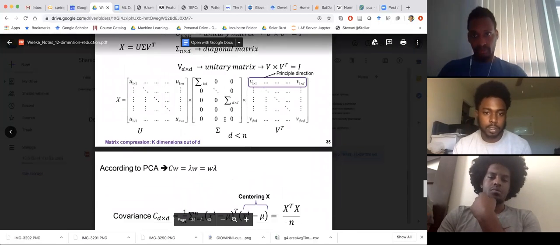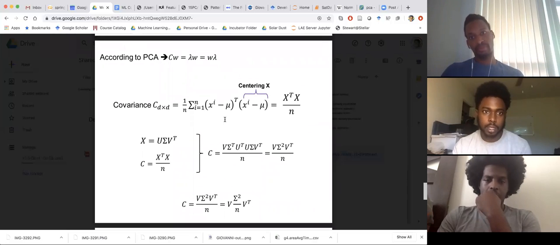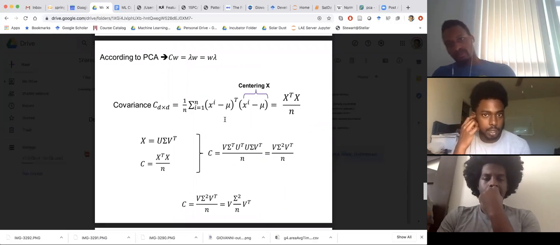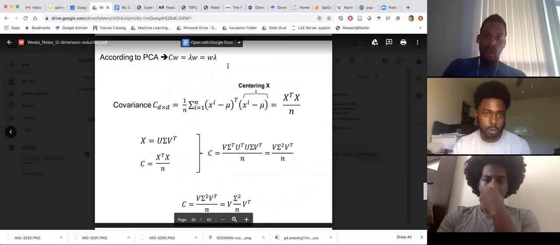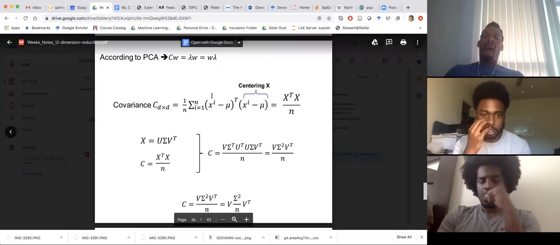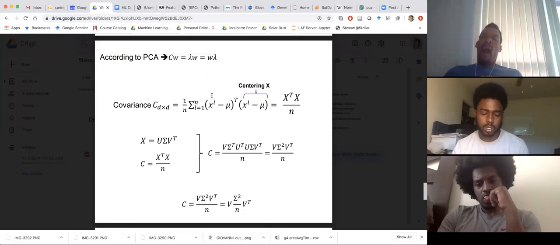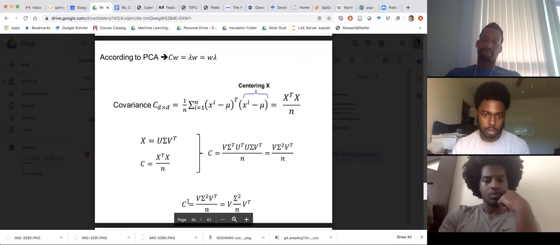Again, I'm not super comfortable with the math, but according to PCA we need this equation, and so we're going to exploit singular value decomposition in order to compute our covariance matrix quickly and efficiently.